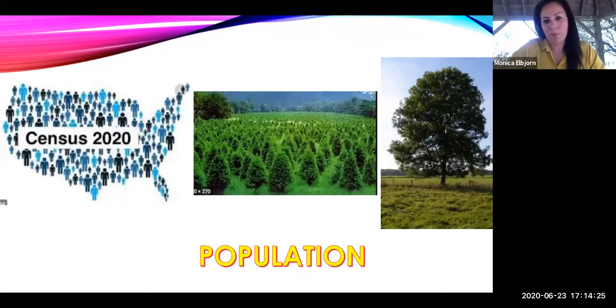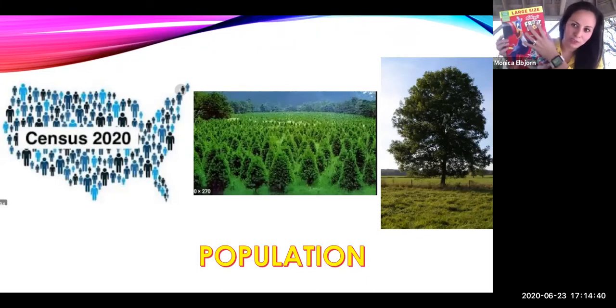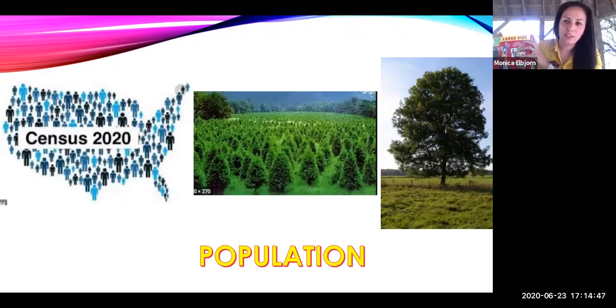But if we talk about a forest that has a lot of trees, then our population will be all of the trees. For example, if we have a cereal box, our population will be the whole cereal box. And the sample, can you guess? It'll be if we open it and take a couple, that will be our sample.